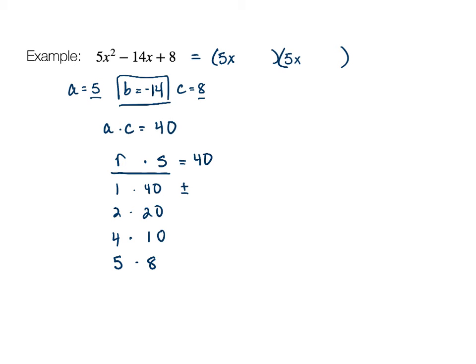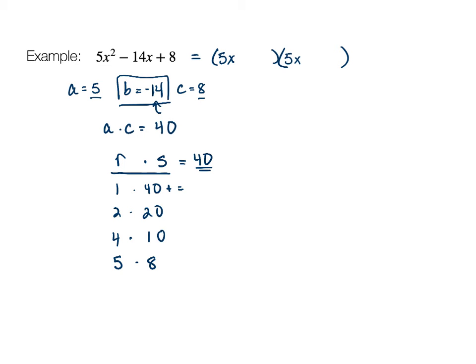They have to add up to negative 14. Well, these two add up to, working across here, 41, or if they're both negative, they could be negative 41. I know they have to have the same sign because they multiply to 40.